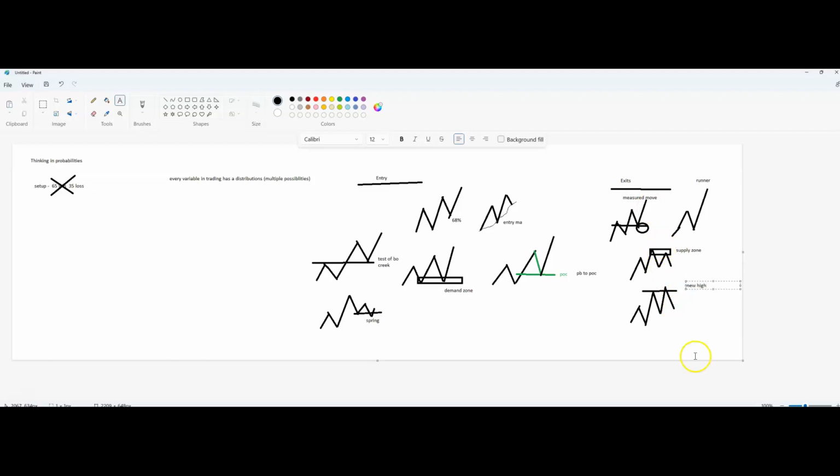So you can see entries have multiple possibilities, exits have multiple possibilities, and that's if they work. If they work. So this is what thinking in possibilities is.